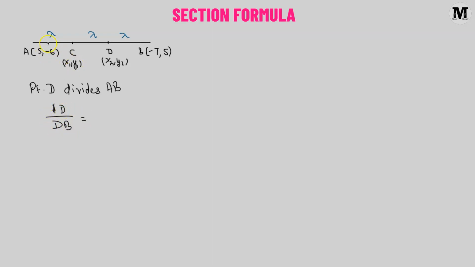AD is the sum of two lambdas, so that's 2 lambda, divided by DB, which is lambda. So we have 2 lambda over lambda, which is the ratio 2:1. So point D divides AB in the ratio 2:1. Now we can apply the section formula to obtain the coordinates of point D. The length of AD is 2, and the length of DB is 1.